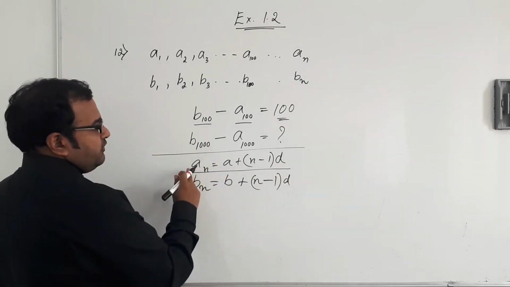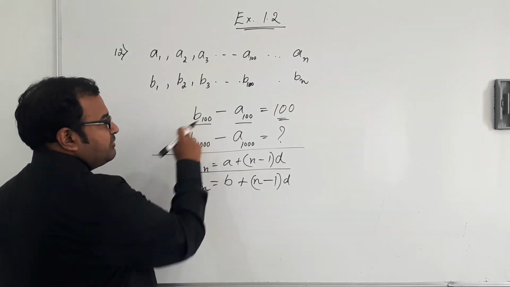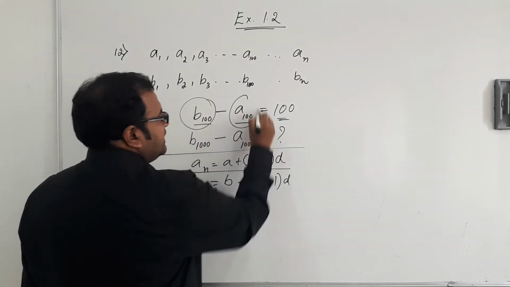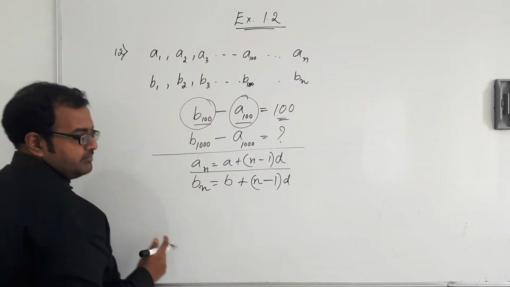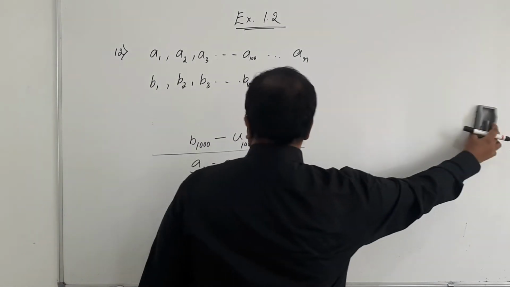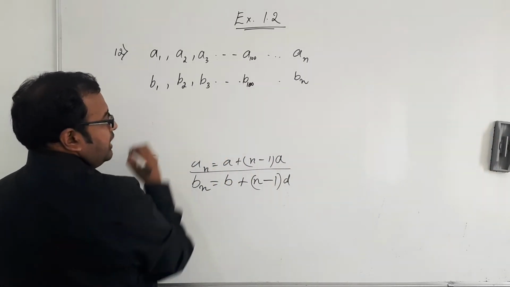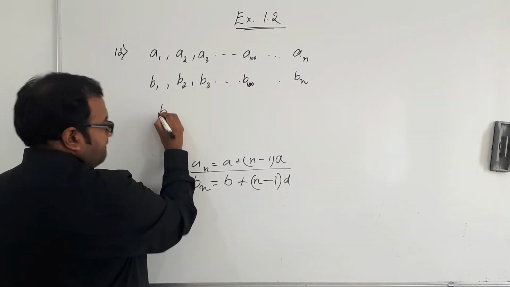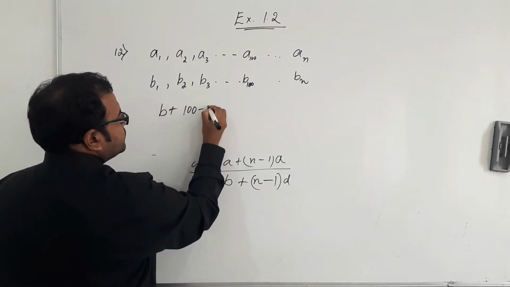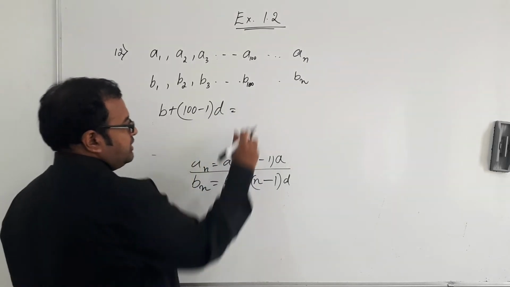Now for An, if I replace with A100, and for Bn, if I replace with B100, let us see what happens. I will apply the formula here. My B100 is B plus 100 minus 1 into d. What is my A100?